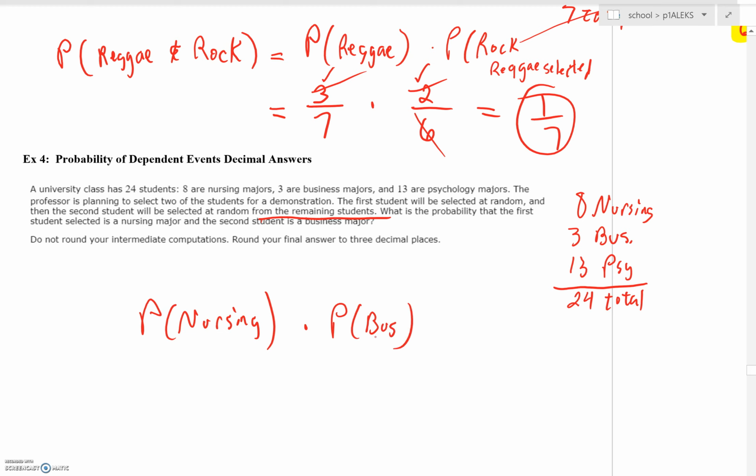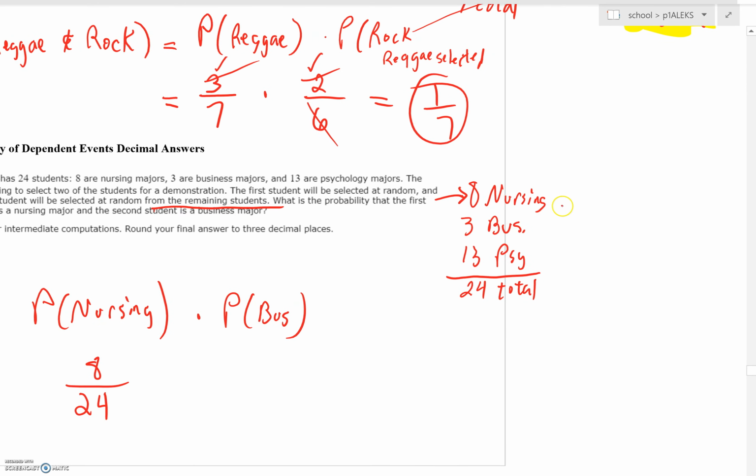Well, the nursing, you can see, you've got 8 successes out of 24 students. But once you select that nursing student, you'd only have 7 nursing students left. You'd still have 3 business students. You'd still have 13 psychology students.